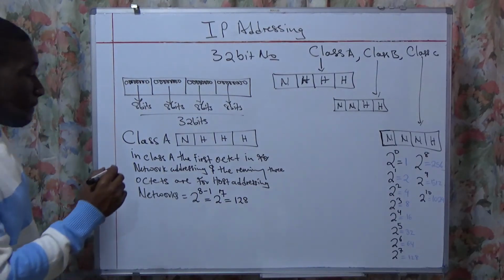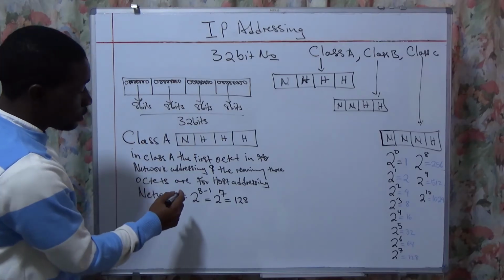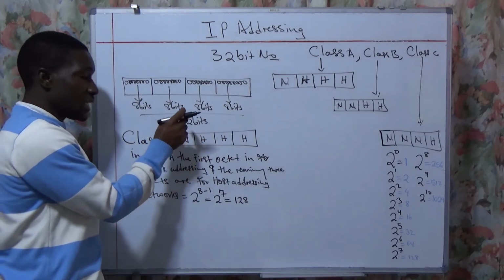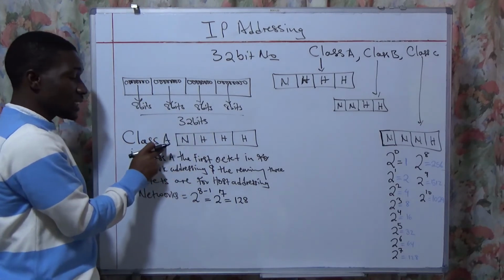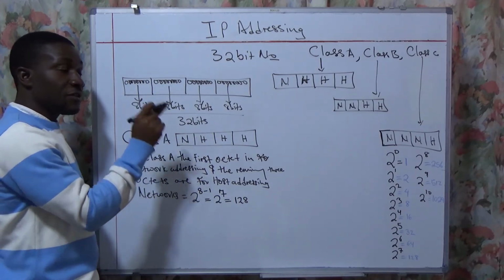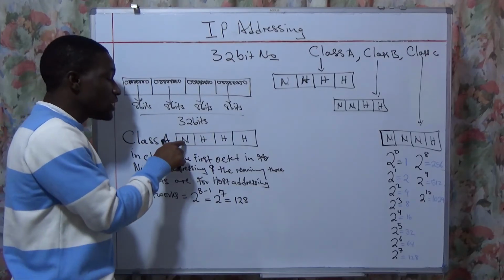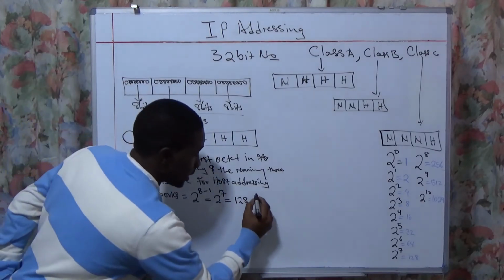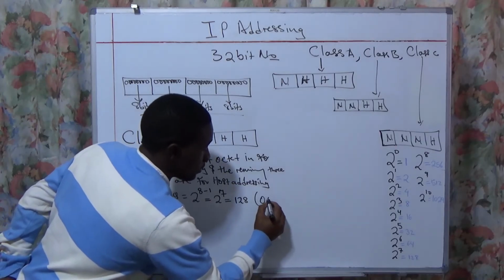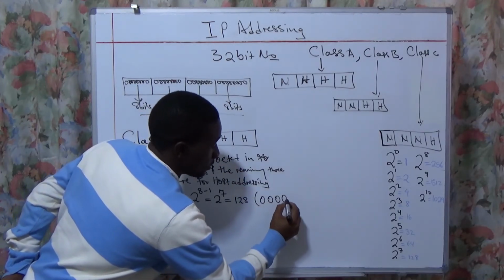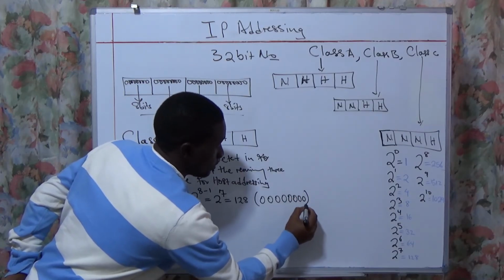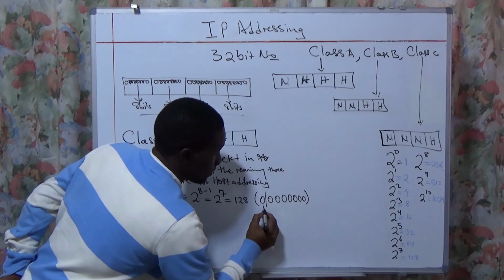But the IEEE rule declares that in the first class, which is class A, we reserve the first bit on the networks, which is like this: 0, 0, 0, 0, 0, 0, 0, 1.